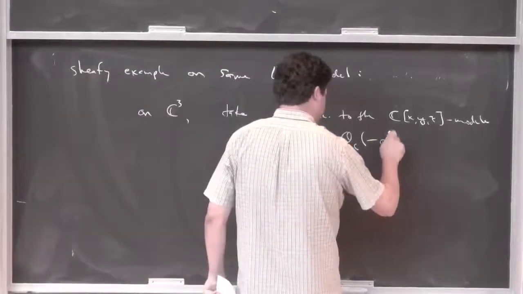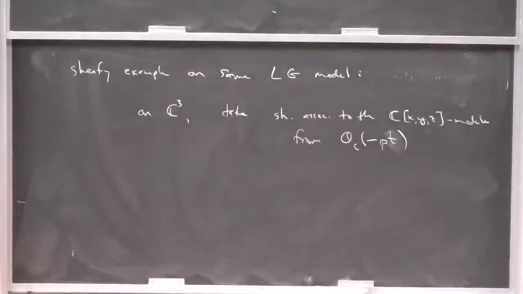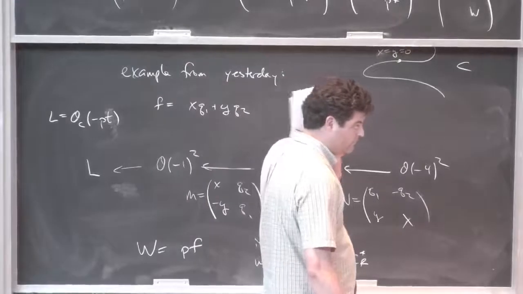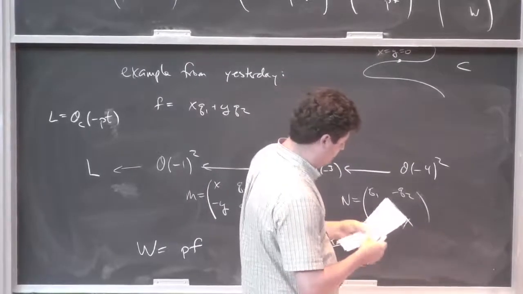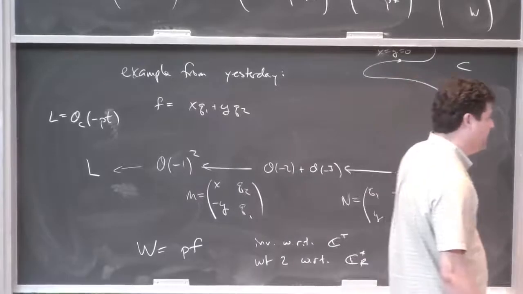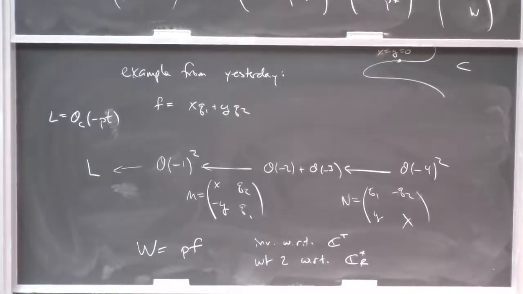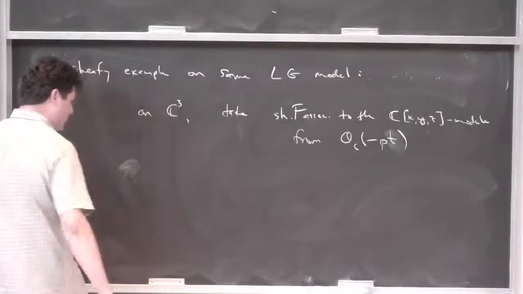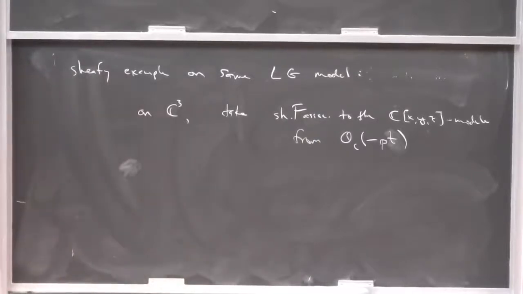I want to distinguish: this P is not related to that P. And I want to move that over to C3 mod Z3, if you like. Let's call that sheaf F. It's locally free away from the origin of C3.